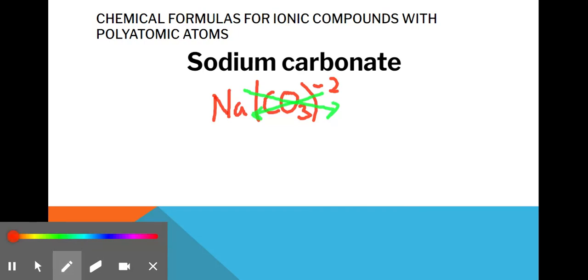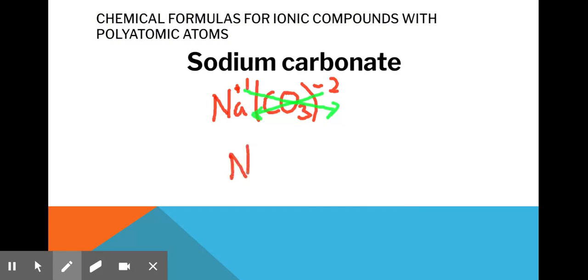Oh, forgot to put the charge of sodium, +1. Crisscross, and you get Na2 CO3 1. Since there's just a 1 outside it, we can get rid of the parentheses, and there we go.